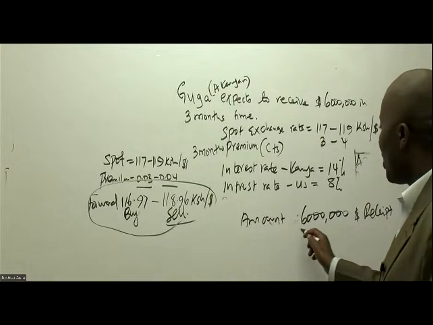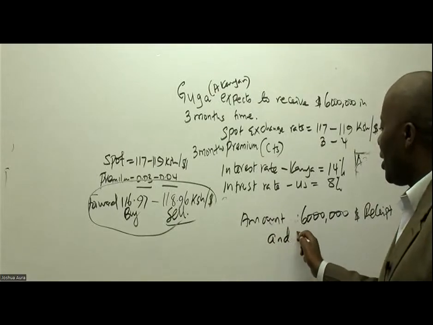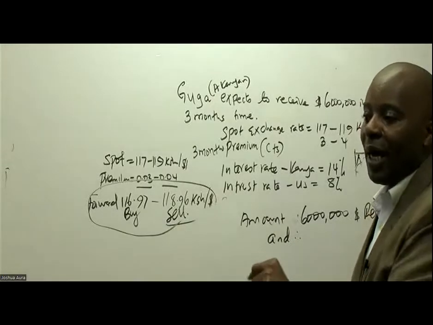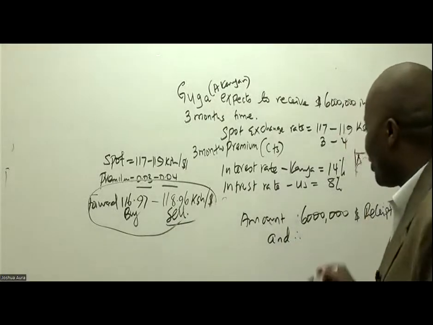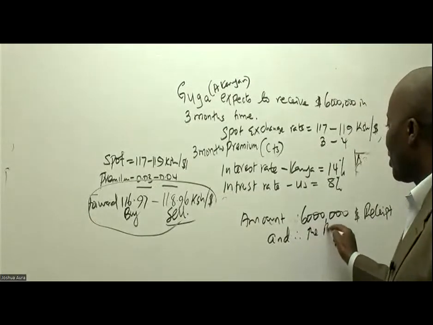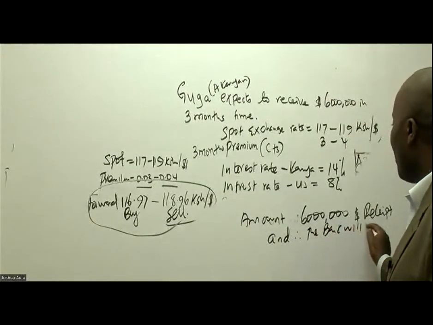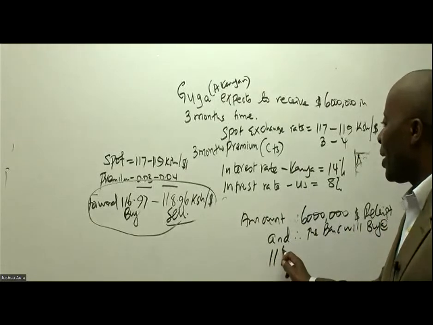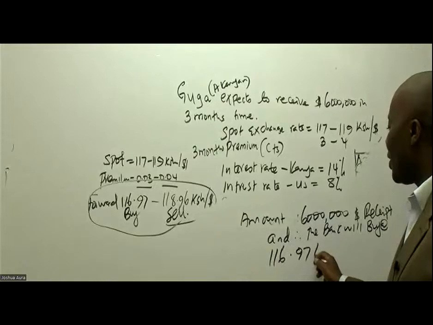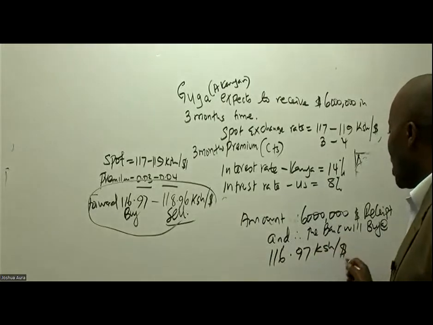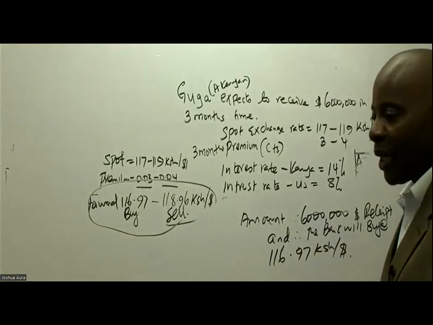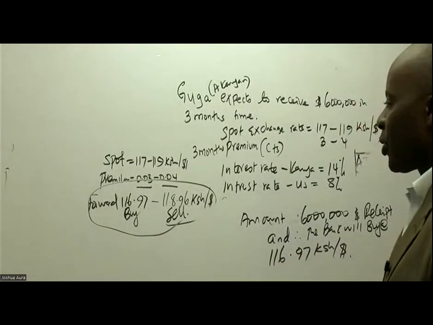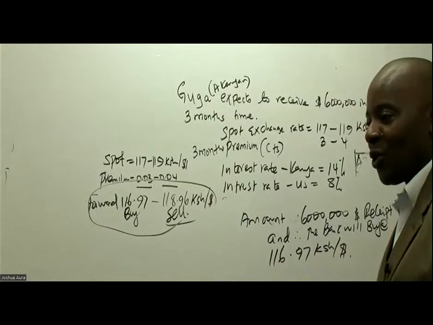And therefore, we know that if it's a receipt, the bank will buy. At what rate? At 116.97 Kenya shillings per dollar. Okay, great.